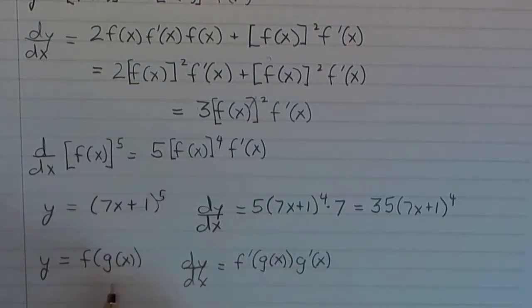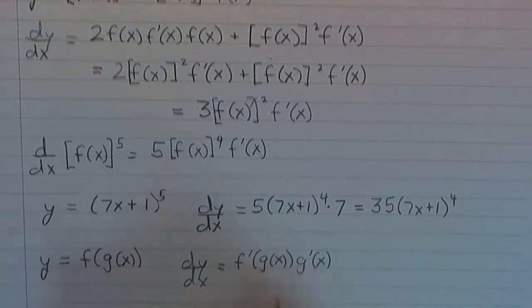In this example, 7x plus 1 would be like g of x, and then the f of x would be like x to the fifth. You've got a composite function. So this right here is the chain rule.